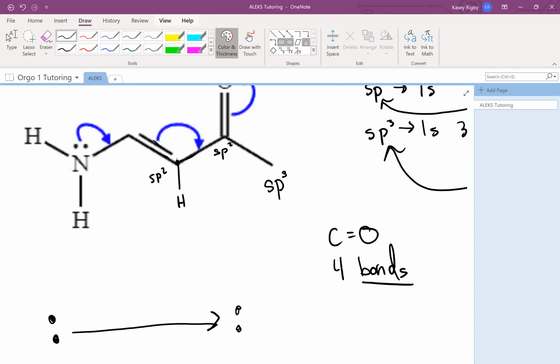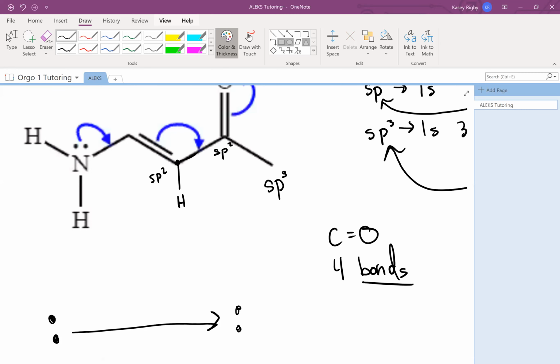Okay, so when we're looking at the movements of electrons, we always have to make sure that the octet is upheld. It's always going to have 8 electrons around it. It can't have more, it can't have less. That's what it's asking when it says, is this a valid way to move electrons?